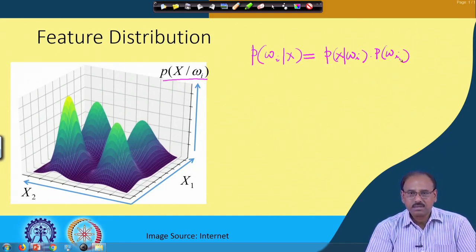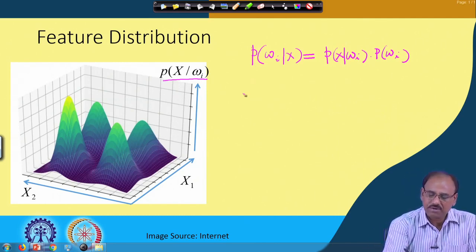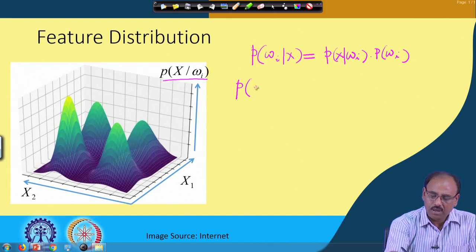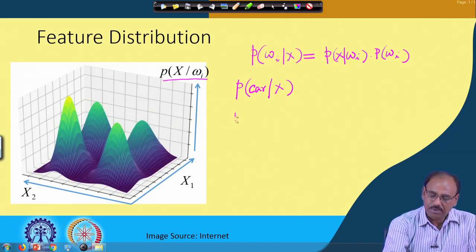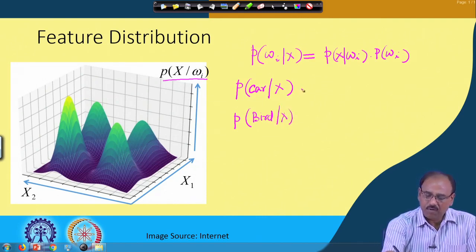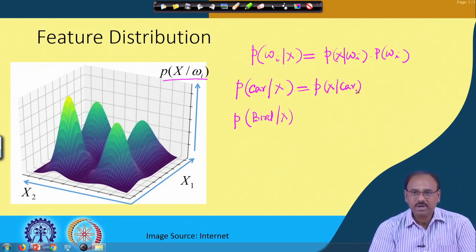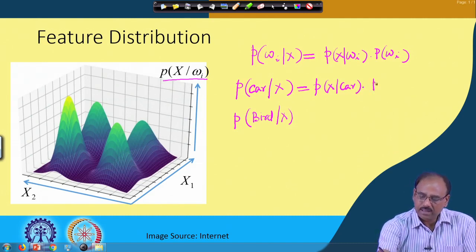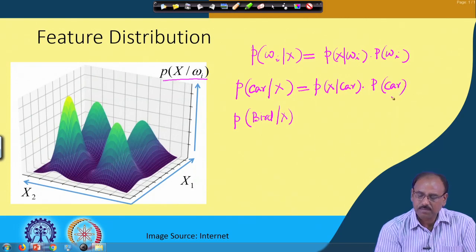So, given two classes, say birds and cars, I have to compute, for an unknown feature vector, P of car given x, and I also have to compute P of bird given the same x. P of car given x is nothing but P of x given car, which we have already computed through experiments, that is our class conditional probability density, multiplied by the a priori probability P of car.